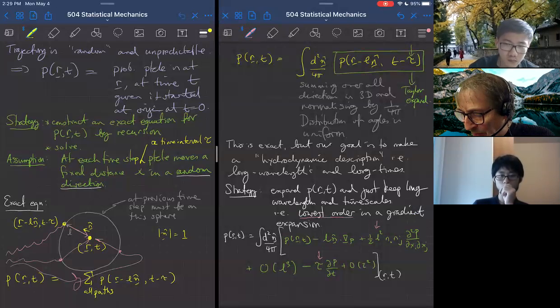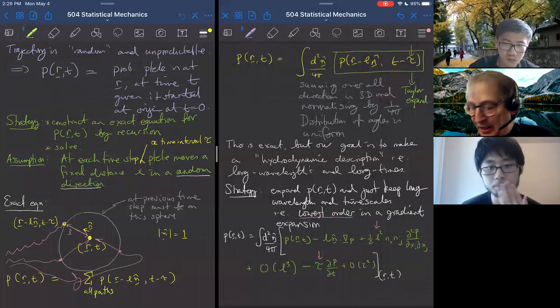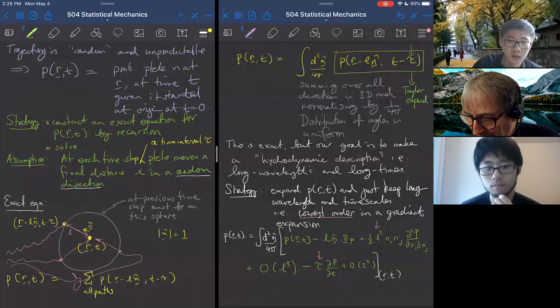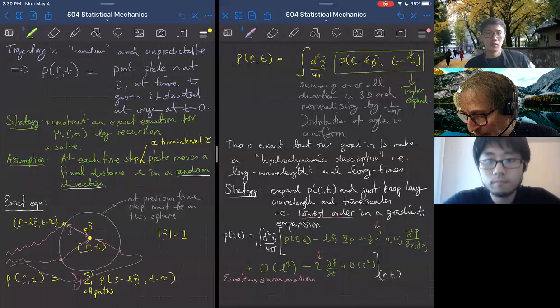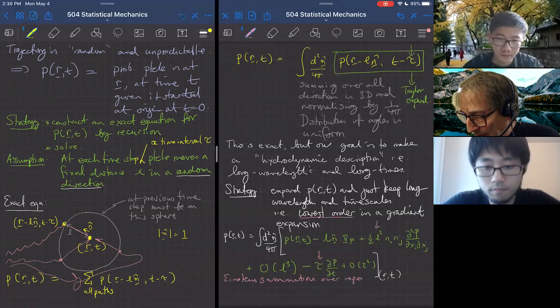And then the other thing I want to make a comment about is this notation here. So is everybody familiar with tensor notation? If not, let me just write it down. So we're using Einstein summation convention, which means Einstein summation over repeated indices.